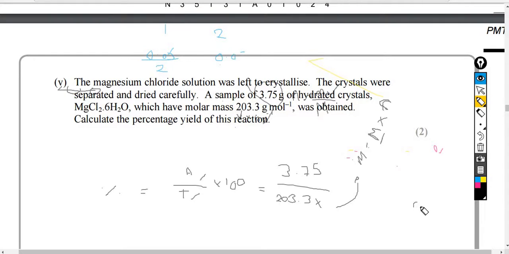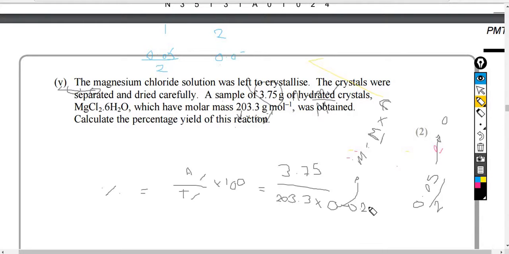You got that the number of moles of acid was 0.05, and the number of moles of magnesium chloride that you get is half of this according to the reaction. You can go back and refer to the reaction. So the number of moles should be half of this, which is equal to 0.025.